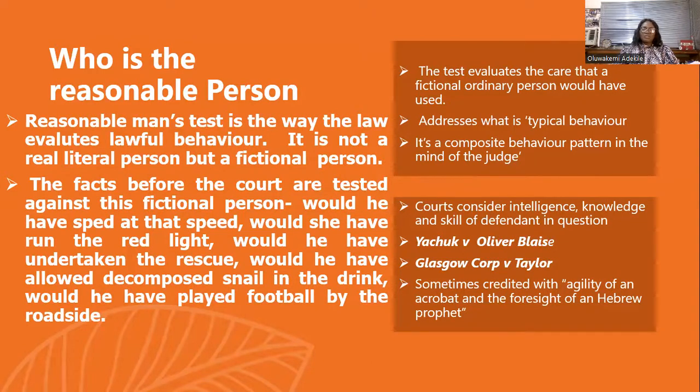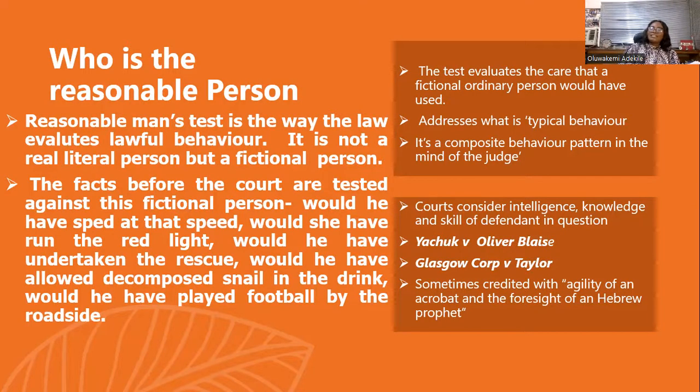And therefore you cannot say, because a lot of people run the traffic light, that this claimant who ran the traffic light can just bring people to court and show that look, that is the reasonable behavior in a city like Lagos. No, that is not how it is. It is a notional person conceived in the law as to how that person will behave in the society.